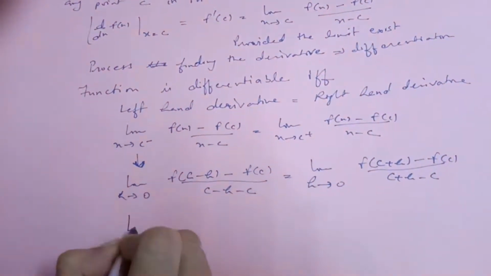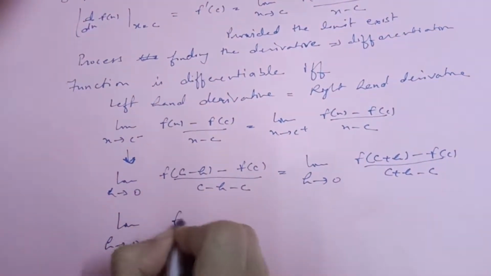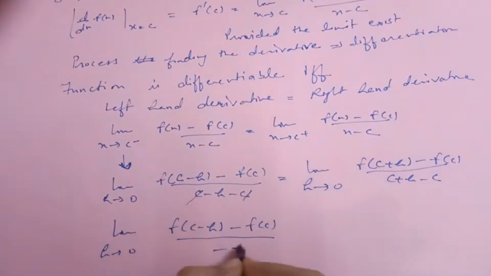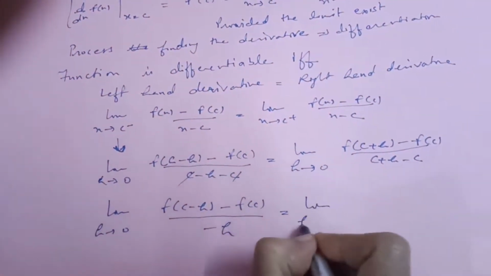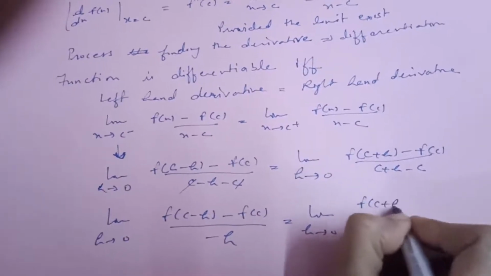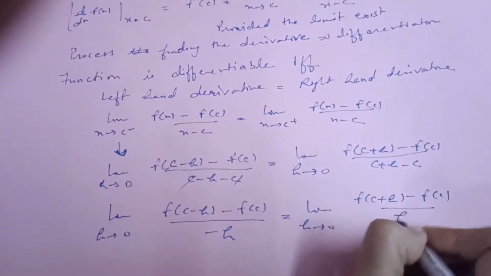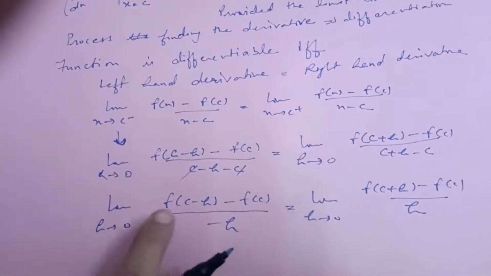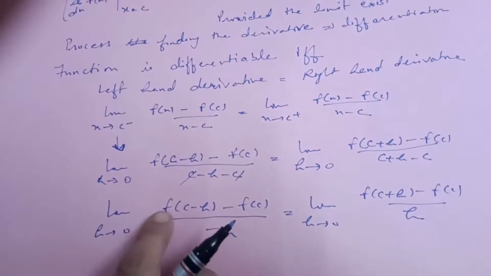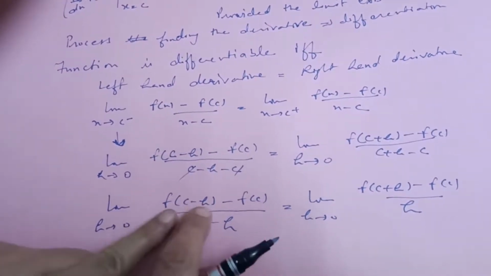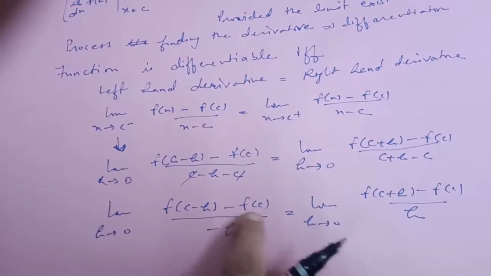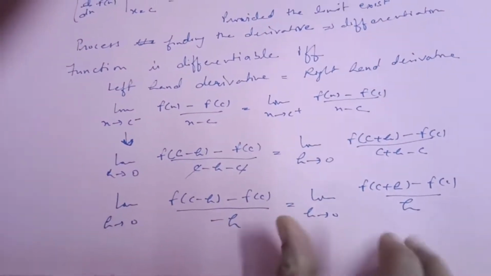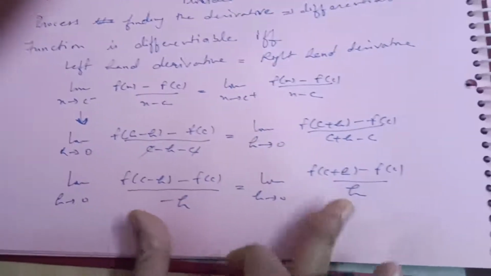So I need to find the limit h tends to 0 of f(c minus h) minus f(c) by minus h, which must be equal to the limit h tends to 0 of f(c plus h) minus f(c) by h. This is the left hand derivative at any point c, with the function's value a little to the left of that point, minus the function's value at that point, by minus h, and it must equal the right hand derivative. Got it or not?